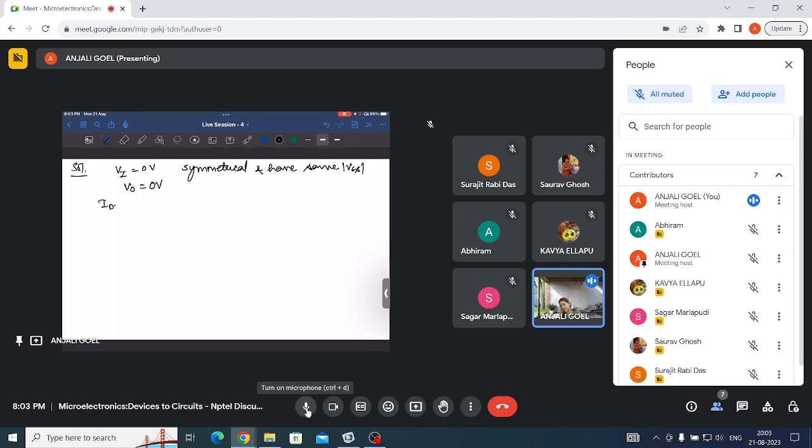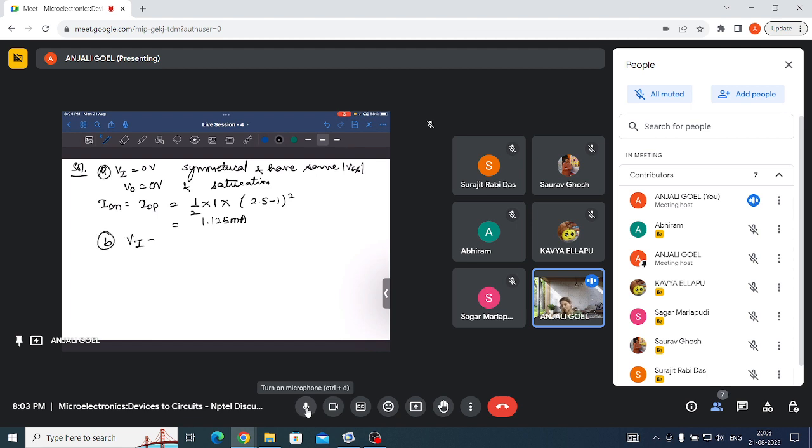So IDN is equals to IDP, and it is in saturation, is equals to half into mu n Cox W by L, which is given as Kn dash W by L, which is 1. Then we have 2.5 minus 1 whole square equals to 1.125 milliamperes. So this is for your Vi equals to 0 volt.